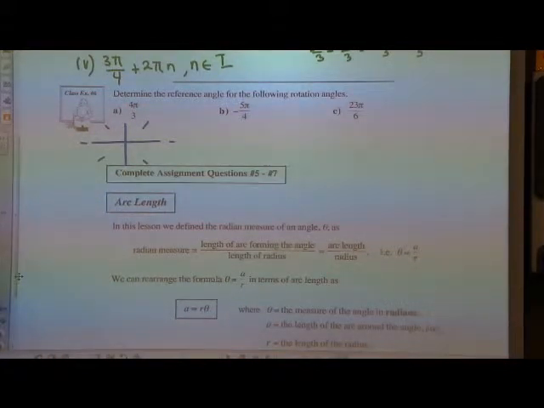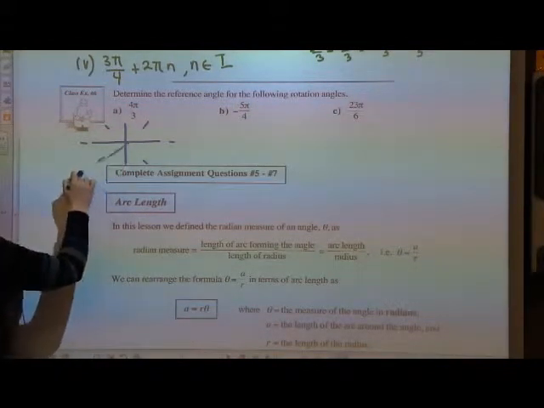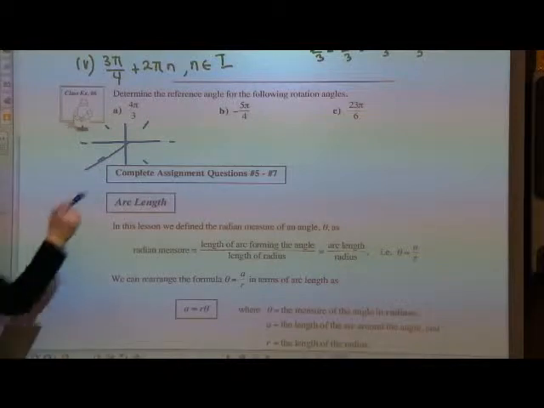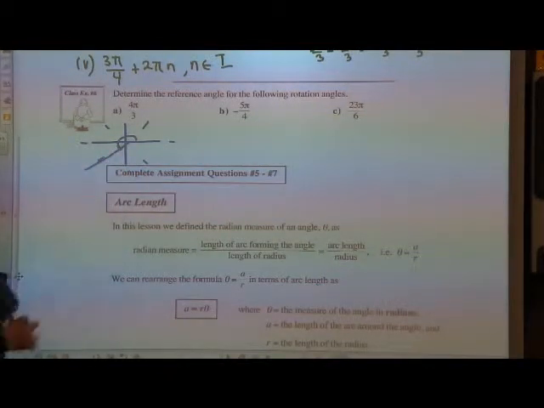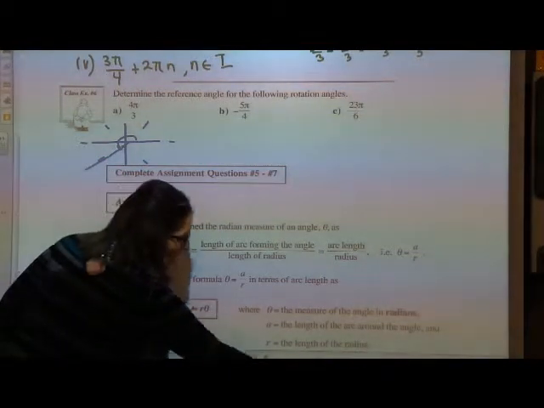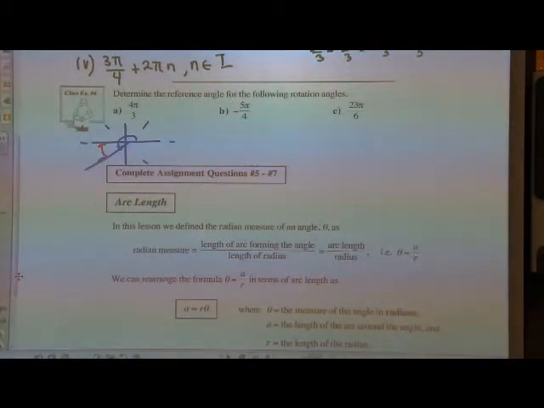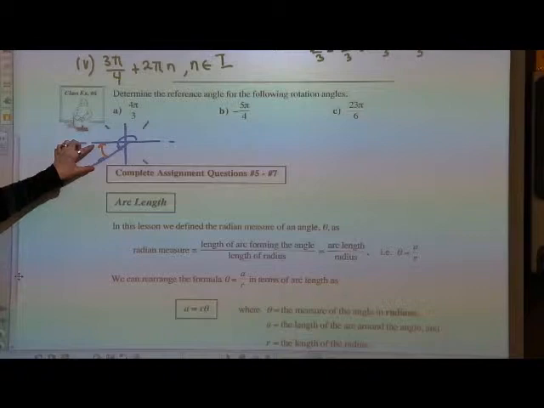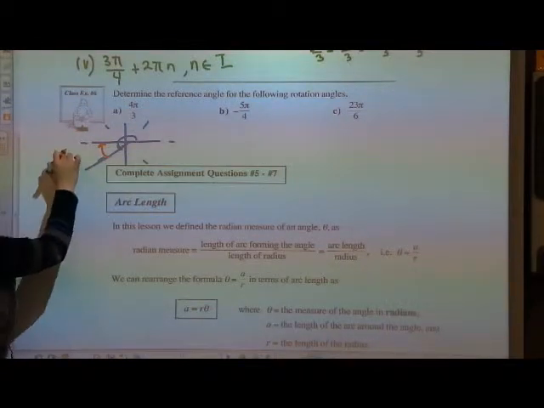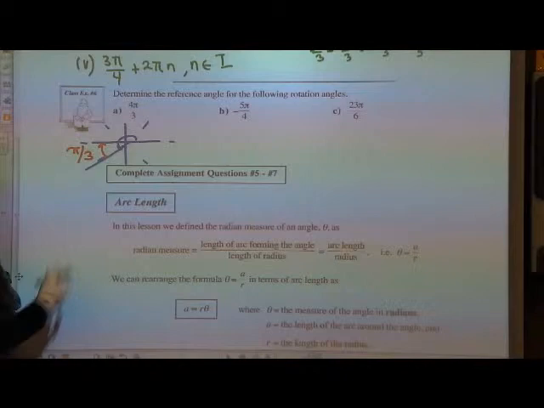There's my divisions. 4 pi over 3 puts me right down here. That's my rotational angle. My reference angle becomes this. What is this measurement? Pi over 3. Each of these were a division of pi over 3. So my reference angle would be pi over 3.